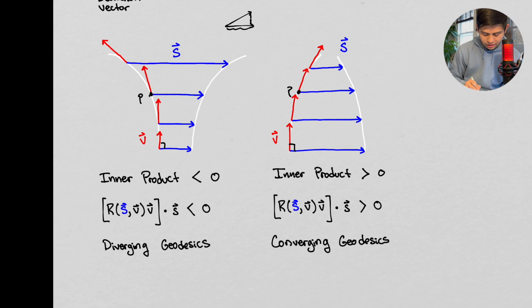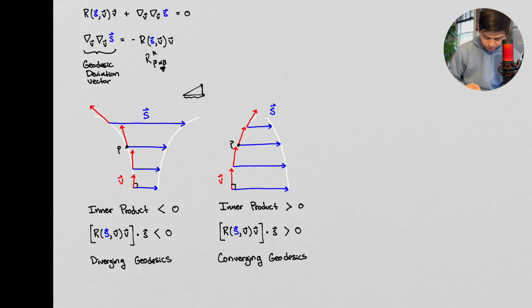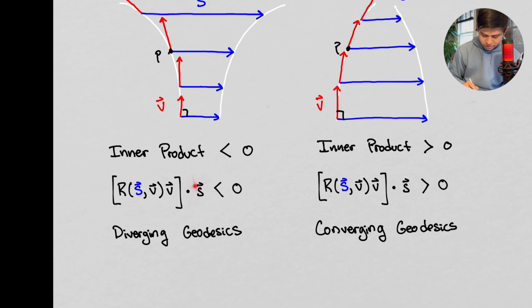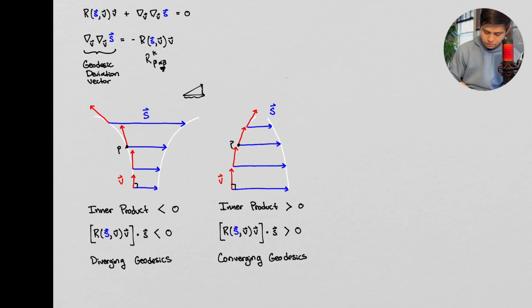So it can be thought of as an inner product, but we're actually going to think of this more as a cross product. I just want to show how the inner product changes as well. Let's talk about that now, because this dot here is going to help us in defining the Ricci tensor.